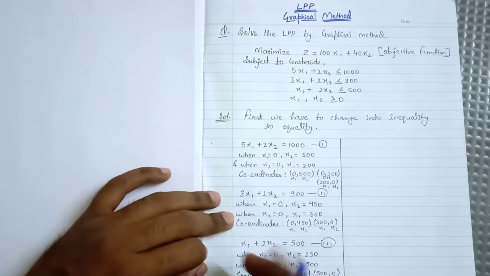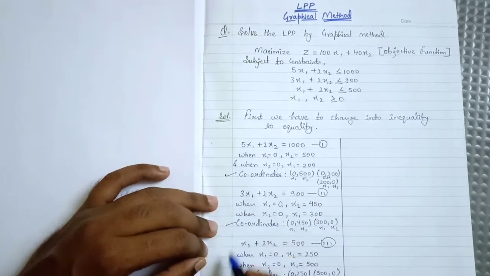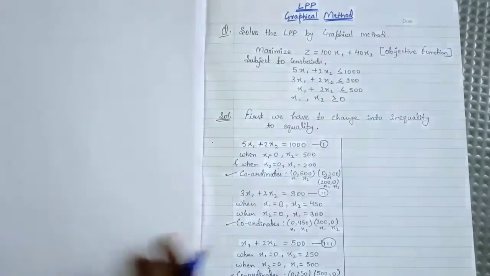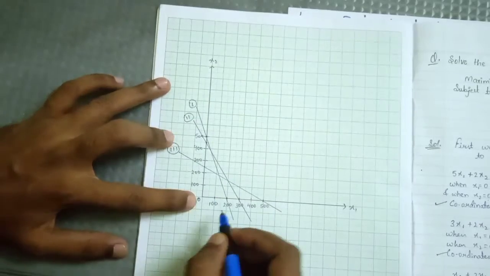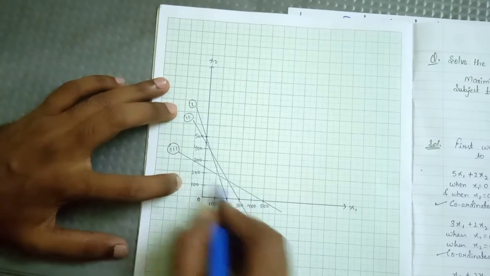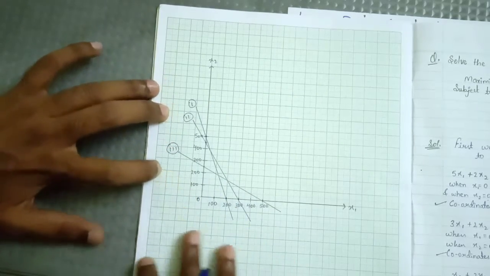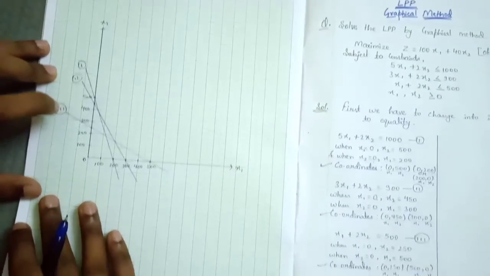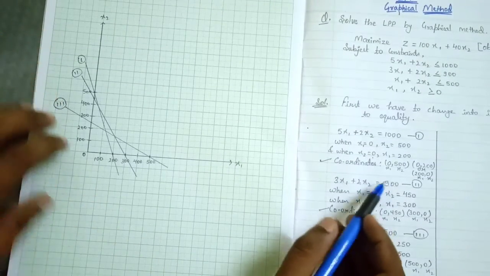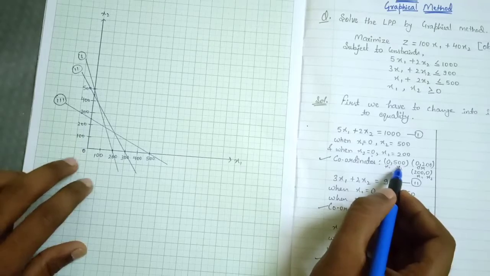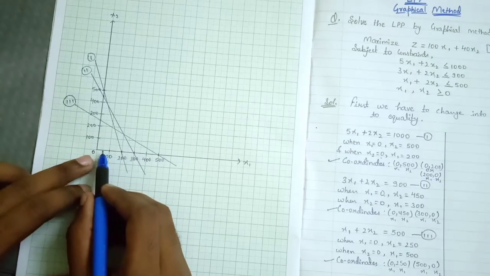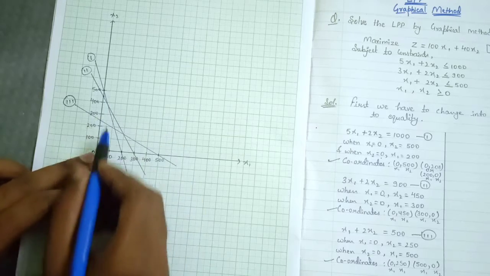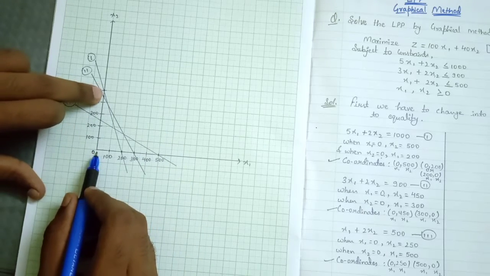Then we will plot these points into the graph, on the x-axis x1 and on the y-axis x2. Here we will plot 3 lines from the given points. The first point is (0, 500), where 0 is x1 and 500 is x2.